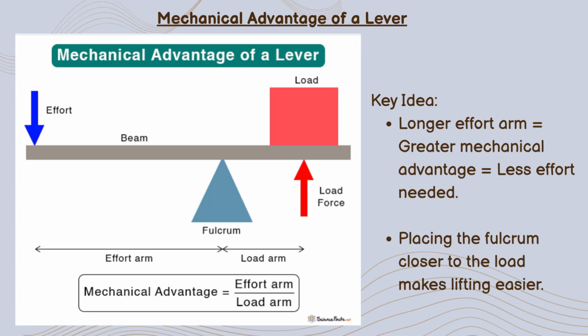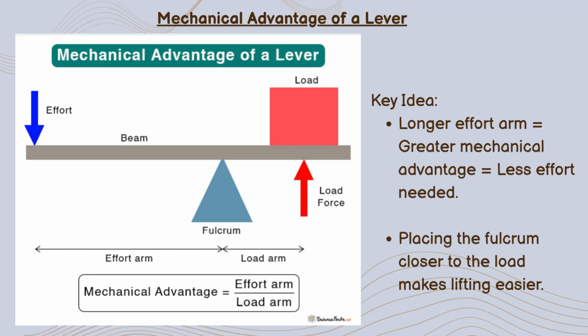Now, mechanical advantage shows how much a lever multiplies the applied force. It depends on the positions of the fulcrum, effort, and load. For our formula, we have MA, or the mechanical advantage, is equivalent to load divided by effort.